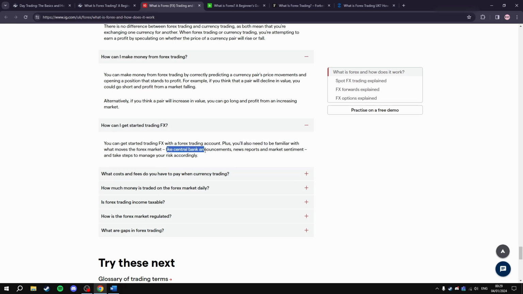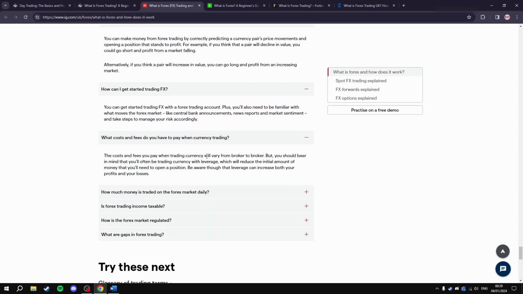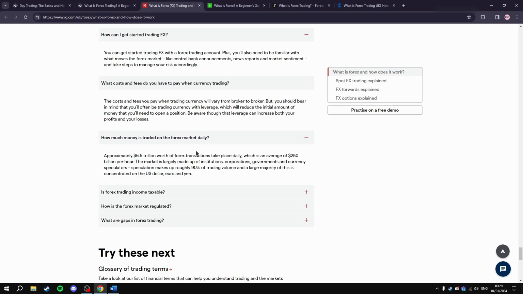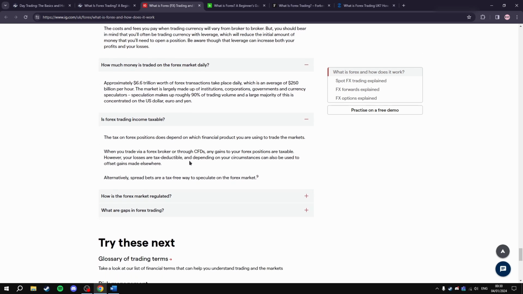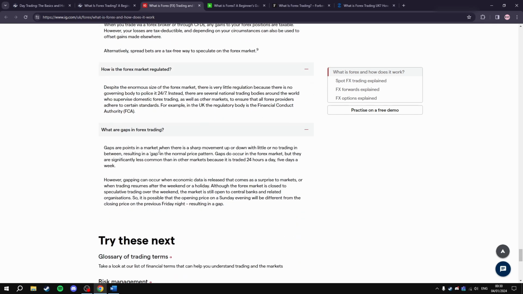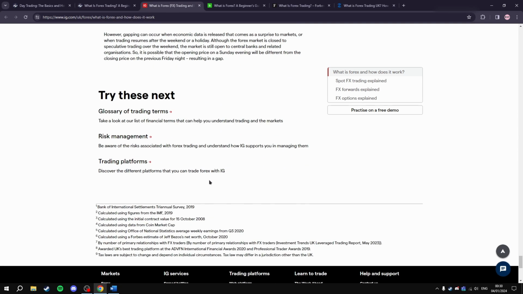You will also need to be familiar with what moves the forex market: central bank announcements, news reports, and market sentiment. Hmm. Right, interesting.